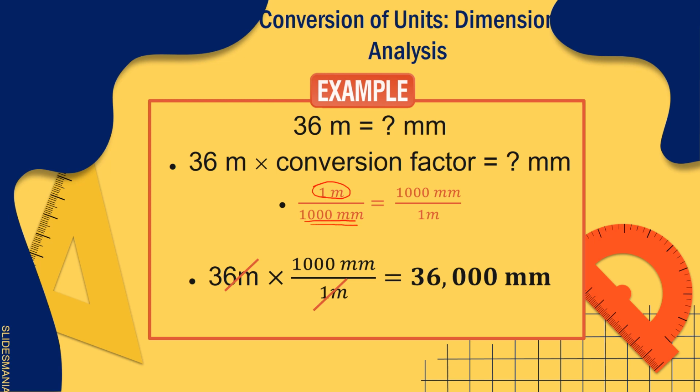Therefore, write the 36 meters times, and then always express the conversion factor as 1 meter is equal to 1000 millimeters. So 36 times 1000 millimeters, that is 36,000 millimeters.